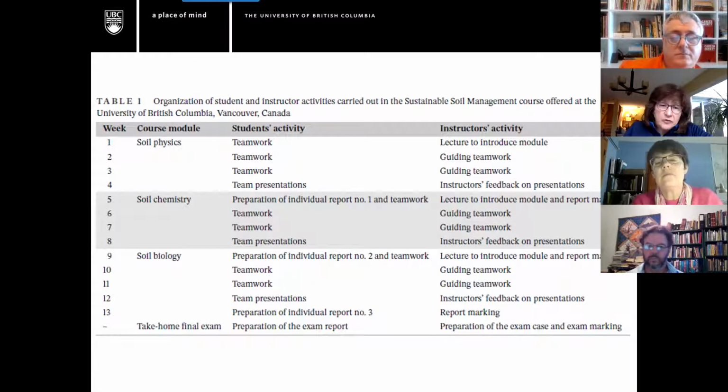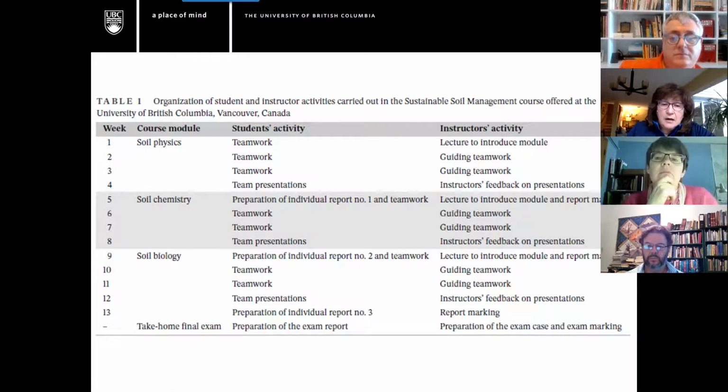And then during the following week, they write an individual report or term paper on their own individual learning on the case, for which they receive an individual mark. And then they repeat that 3 times over the course of the term.